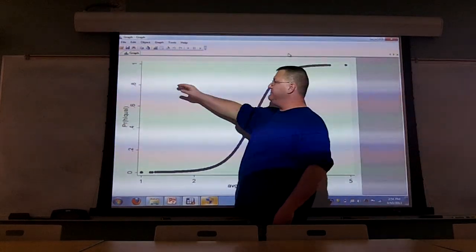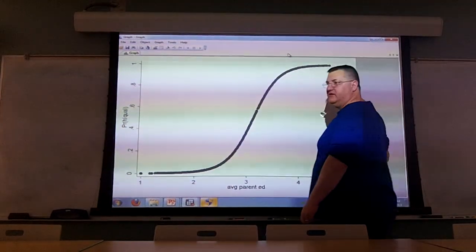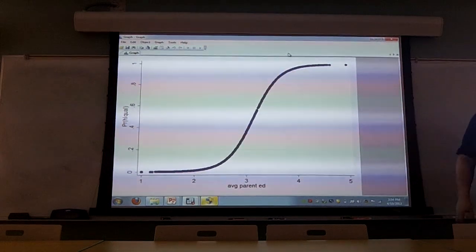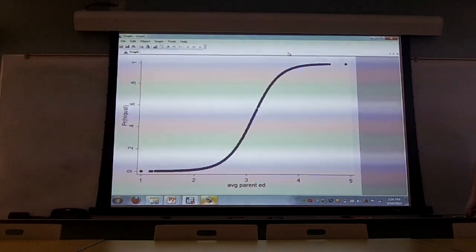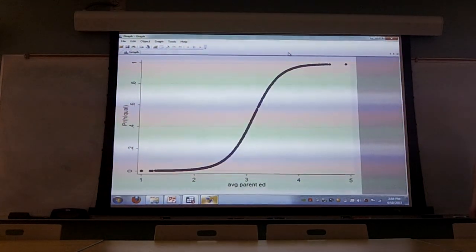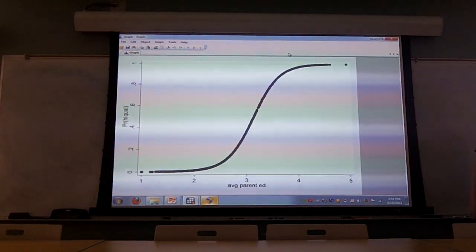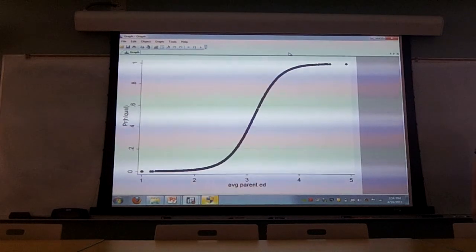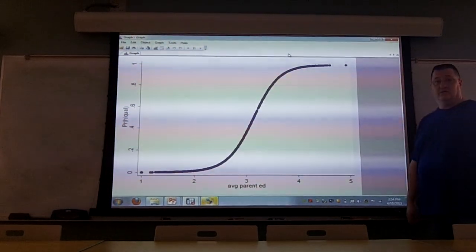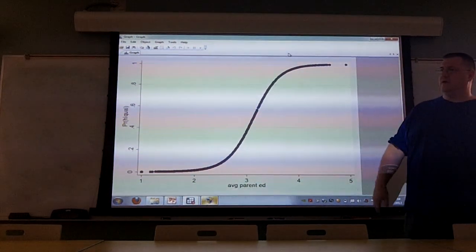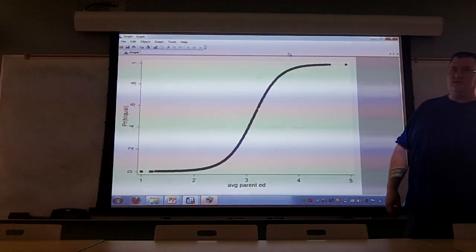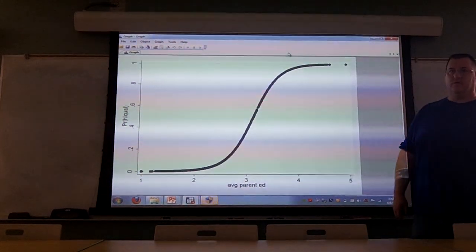What happened if the curve looked like this? What do you think the sign of the coefficient would be? The sign of the logit? Negative. It'd be negative, right? What would the odds ratios be? Less than 1. Be less than 1, right? Okay.